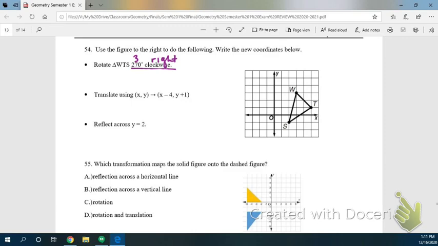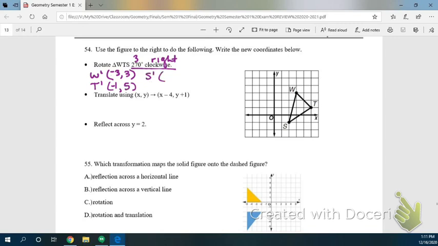So when I'm looking at this, I need to see what's happening. That WTS triangle, I'm now viewing it with my title on the left side. So my W is negative 3, 3. My T is negative 1, 5.